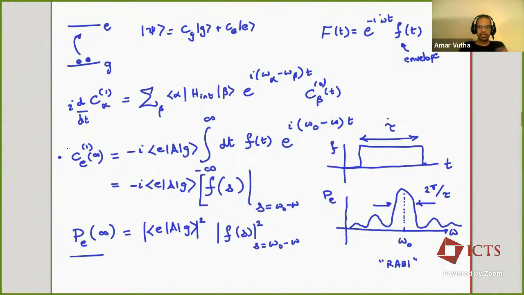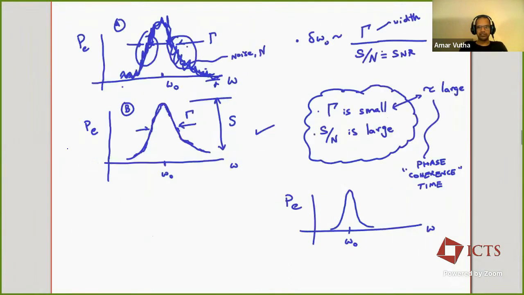And so that idea is exactly what we just discussed. It's all about phase coherence time. And if your phase coherence time is limited by the properties of your atom, well, then the line width that you measure will be basically equal to your atomic line width, which is going to be the excited state line width, as you call it.